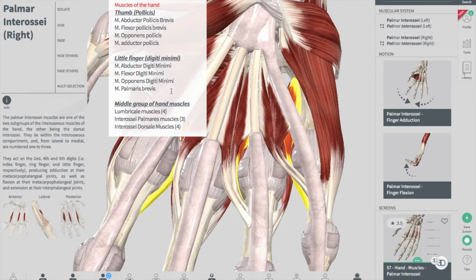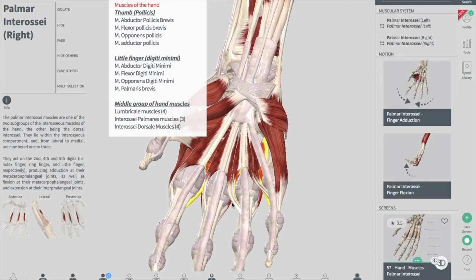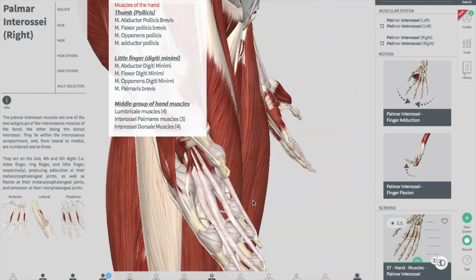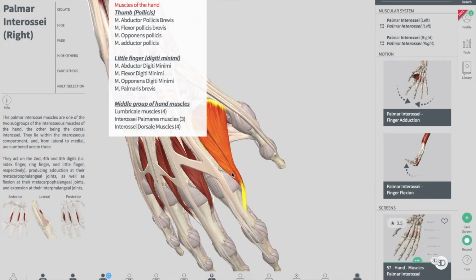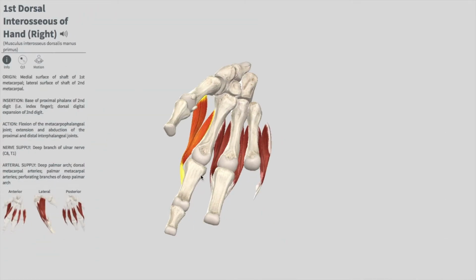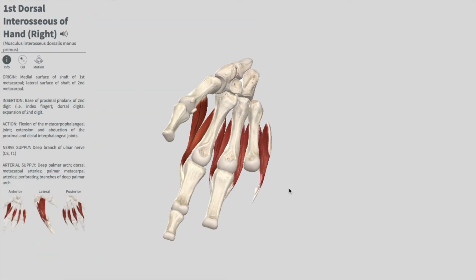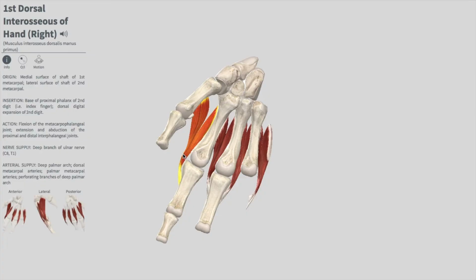And then the last muscle I'm going to cover in this video is the interossei dorsalis, musculus interossei dorsales. Here they are. The musculus interossei dorsales originate from between the metacarpal bones of the first to fifth finger and insert at the proximal phalanx of the second to the fourth finger.